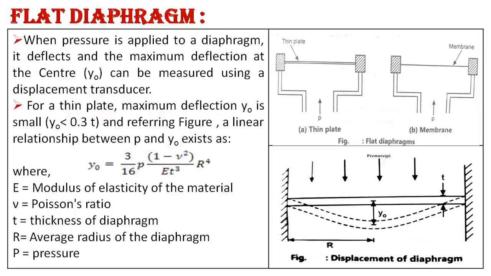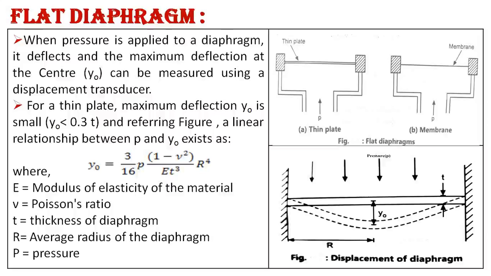What is the displacement of the diaphragm for the thin plate and the membrane? When we apply pressure, which gives the maximum displacement, thin plate or membrane? Think on that. When pressure is applied to the diaphragm, it deflects, with maximum deflection at the center.